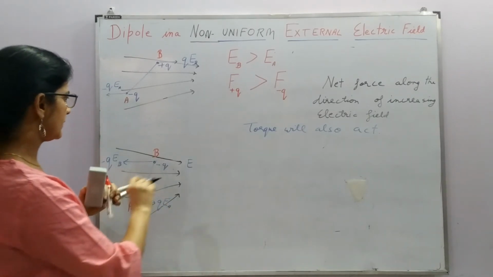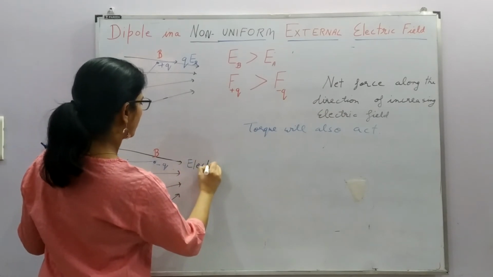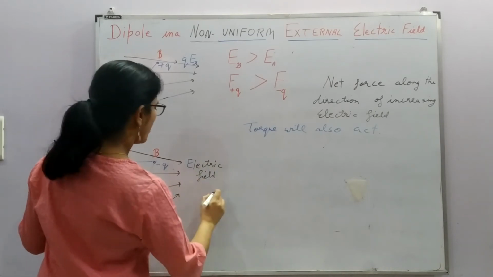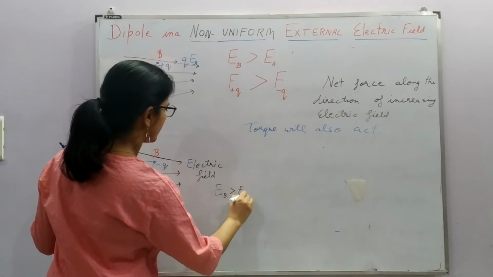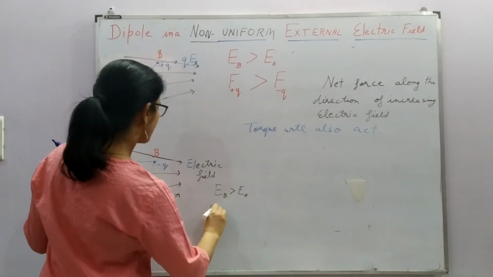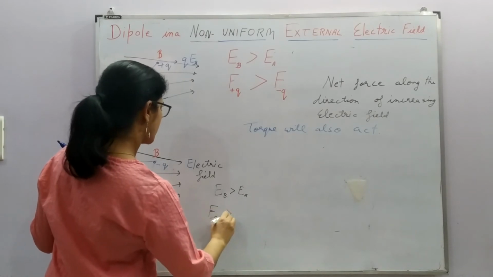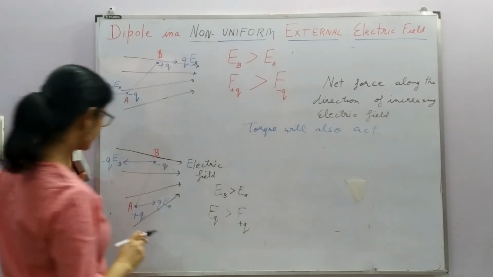Now in this figure, we know that EB is greater than EA. So force on minus Q charge is greater than force on plus Q charge.